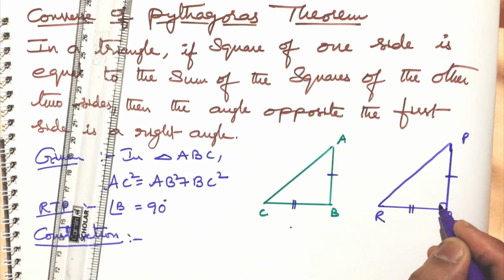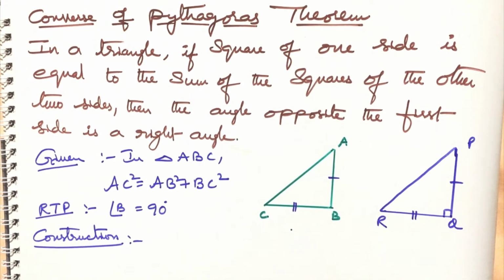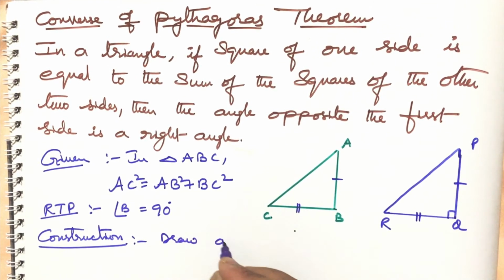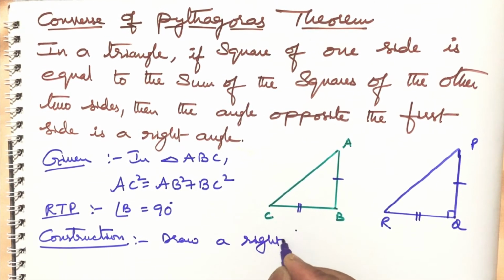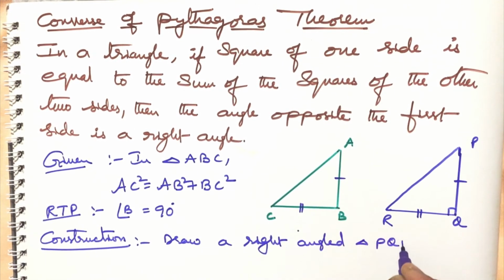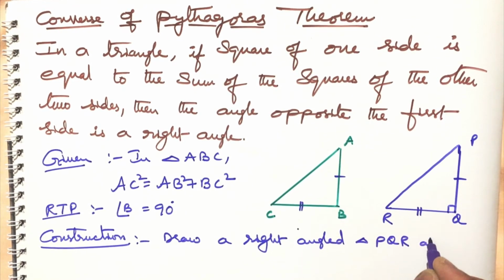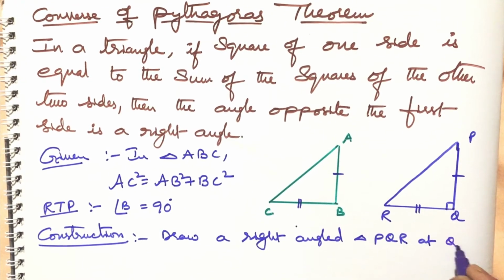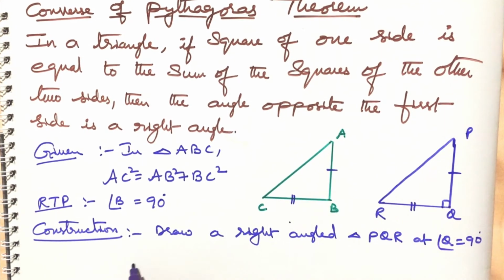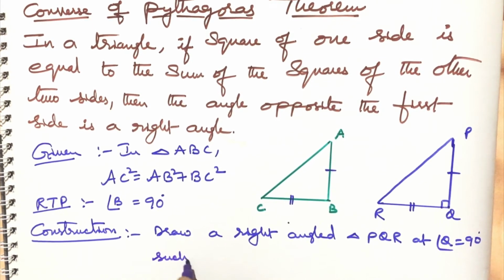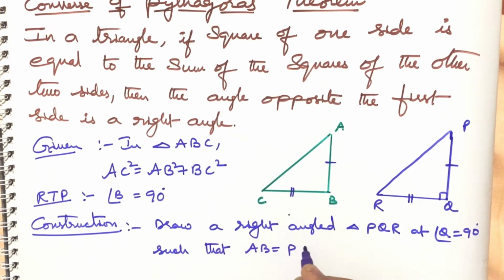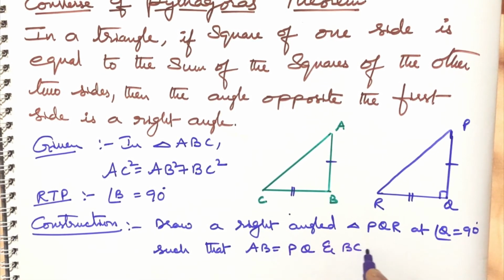In that manner, a right angle triangle we have to draw. So you draw a right angle triangle PQR, with 90 degrees at Q, such that AB is equal to PQ and BC is equal to QR.